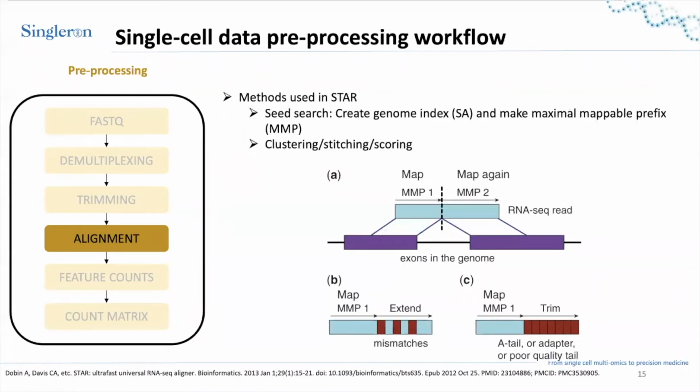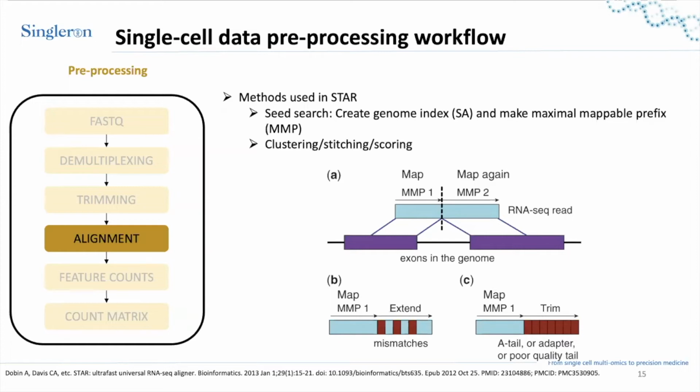So here I just want to mention a little bit about STAR, because it is quite a popular tool with regard to gene sequencing alignment for single cell as of now. It is based on the maximal mappable prefix that will be searched against the created genome index, which is represented by the suffix arrays.